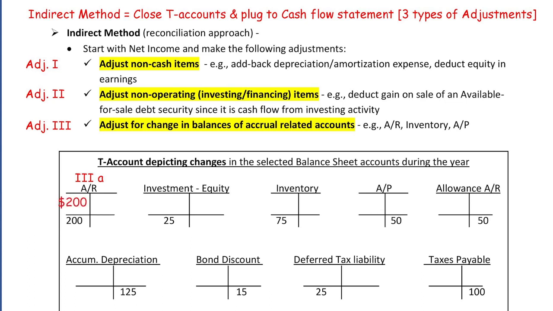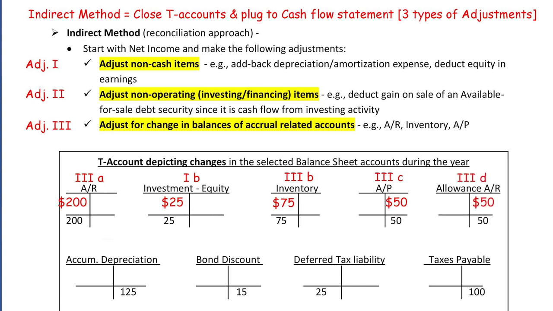Investment account, write 1B and debit it by $25. Inventory, write 3B and debit number $75. Accounts payable, write 3C and the credit number $50. Allowance for accounts receivable, write 3D and the credit number there is $50.